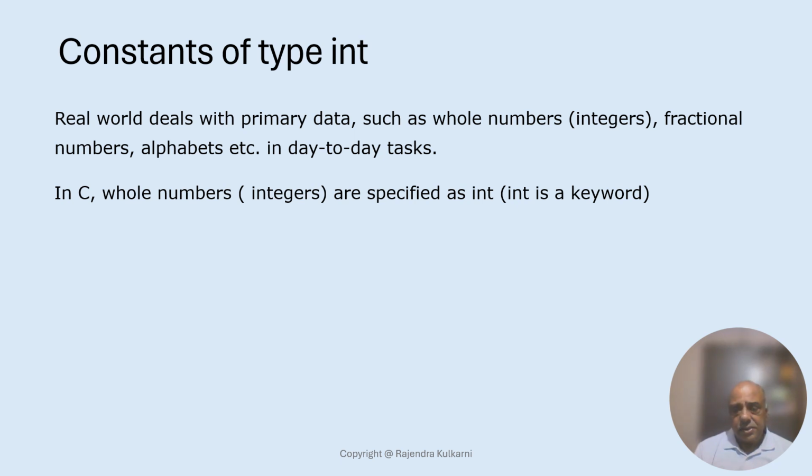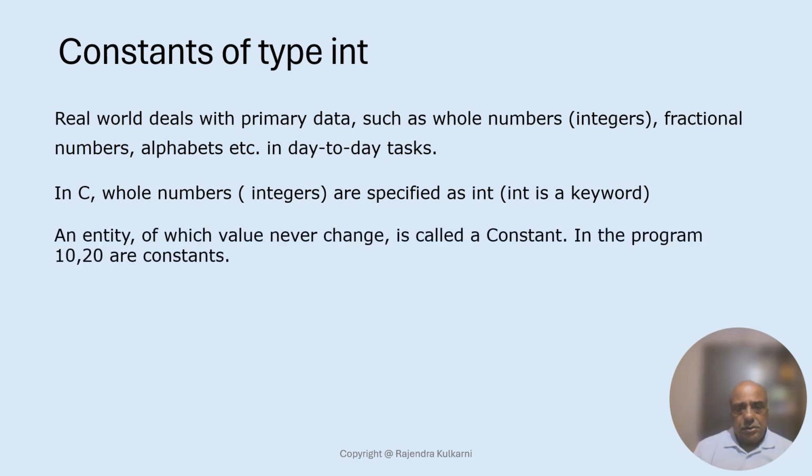Int is a keyword. What is a constant? It is an entity which never changes its value. In the earlier program which we have just seen, 10 and 20 are the constants.